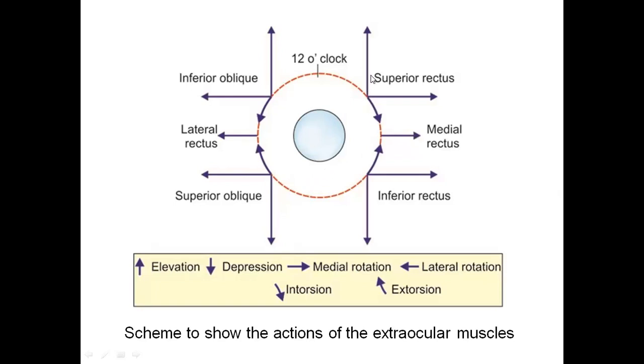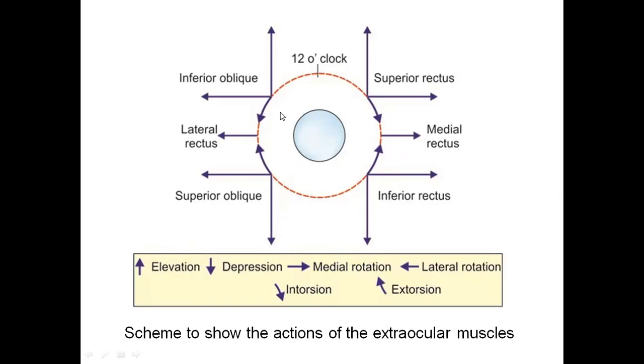When you talk about superior rectus, it brings about this direction is elevation, okay, and this direction is intorsion, and this direction is medial rotation. When you talk about medial rectus, it brings about medial rotation. When you talk about inferior rectus, it brings about medial rotation and also depression.